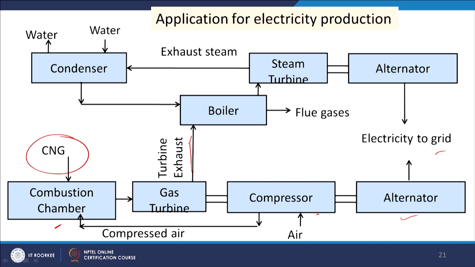Similarly, the exhaust from the turbines is sent to a boiler for heat recovery, then a steam turbine and then electricity, and the condensed water comes back and goes again to the boiler. That way, in a conventional route, gas can be used for the production of electricity and heat.